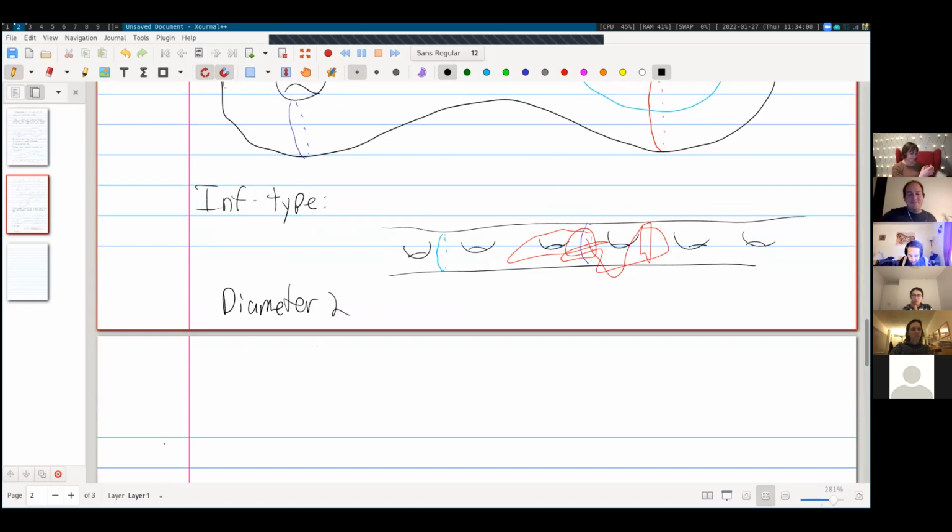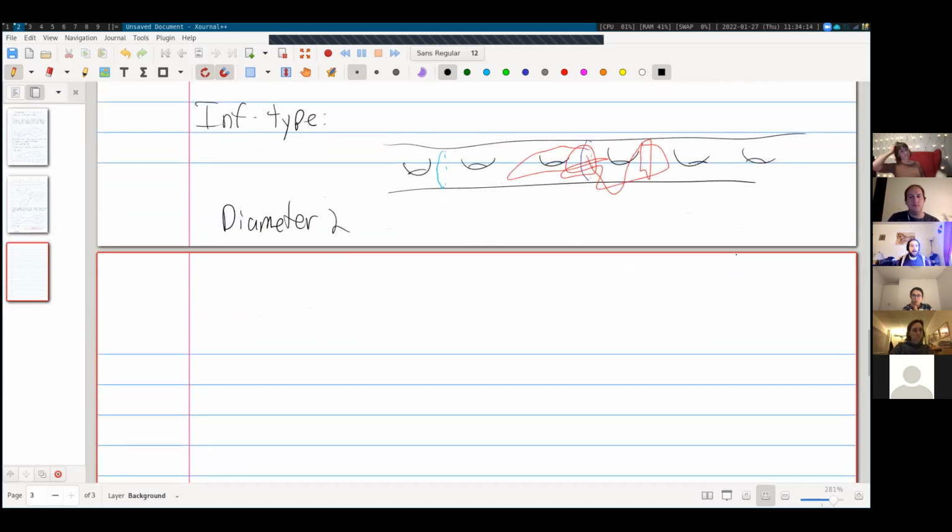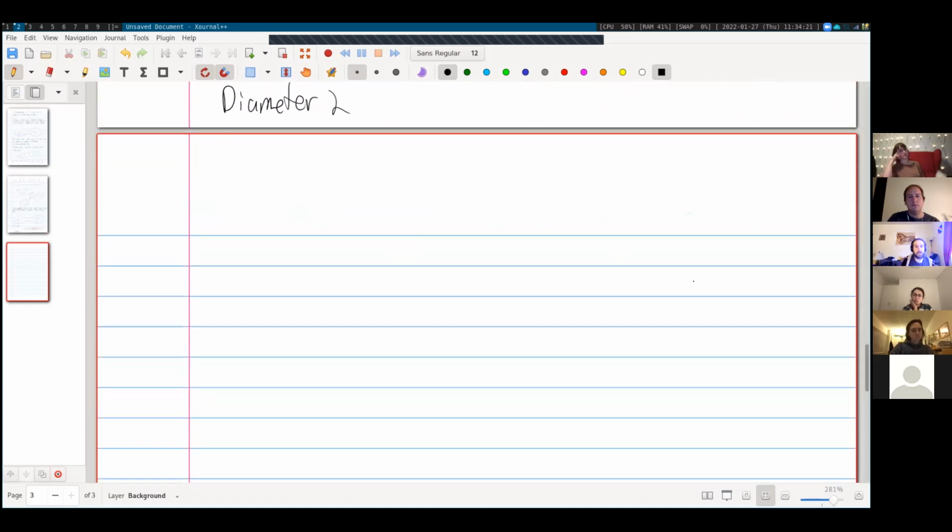So for infinite type surfaces, this guy maybe has some faults. Another option you can do is an arc graph or a loop graph. Suppose we insist that our surface has a unique puncture.